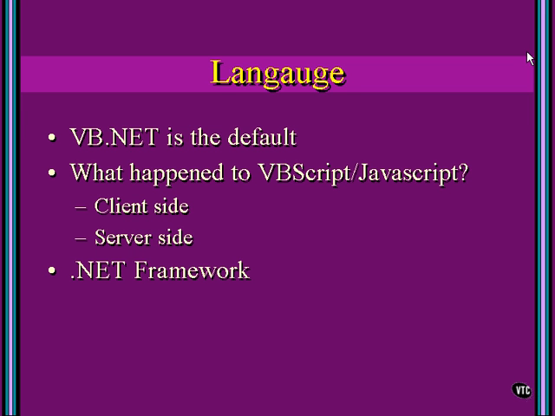Now, the .NET framework has introduced some very interesting aspects to this whole language question. First of all, the .NET framework has allowed Visual Basic to grow up. I think the days are fast coming to an end when you're in a bookstore or in a meeting with colleagues and they say, are you a developer? And you say, yeah, sure, I do Visual Basic. And they kind of smirk and say, well, you're not really a programmer.